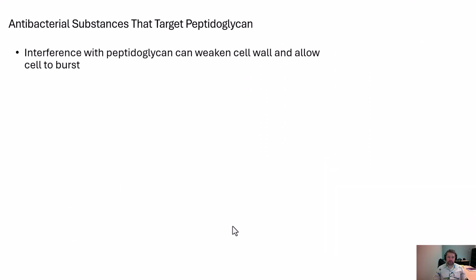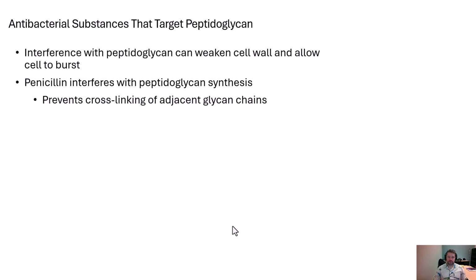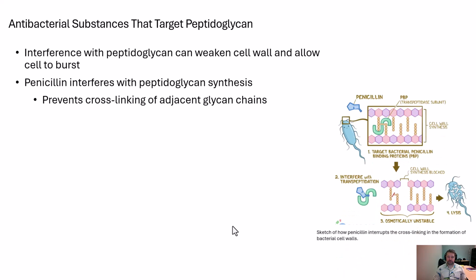Like I said before, there are certain types of antibiotics that can target peptidoglycan. So, like the first antibiotic we ever discovered, penicillin, it interferes with the linkage between the peptidoglycan chains. So it prevents that cross linkage.